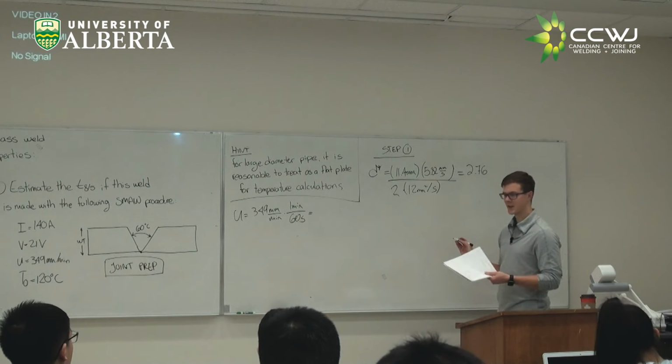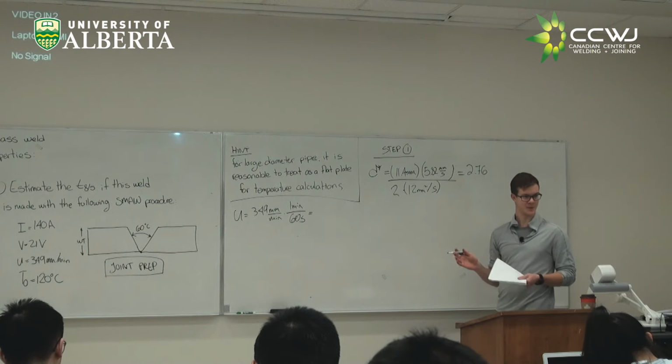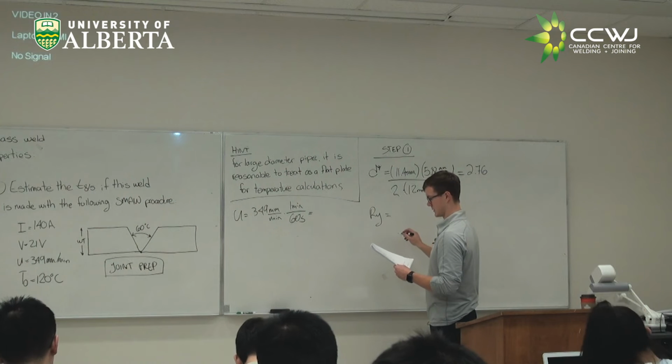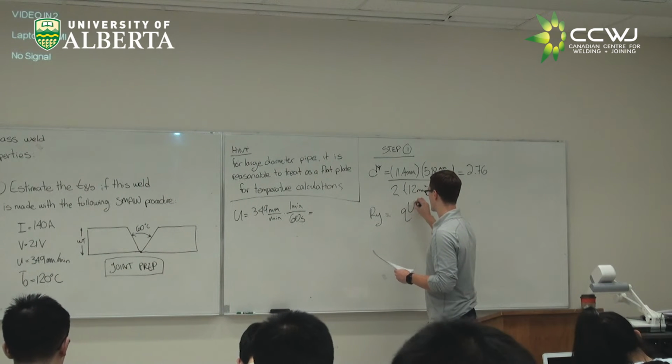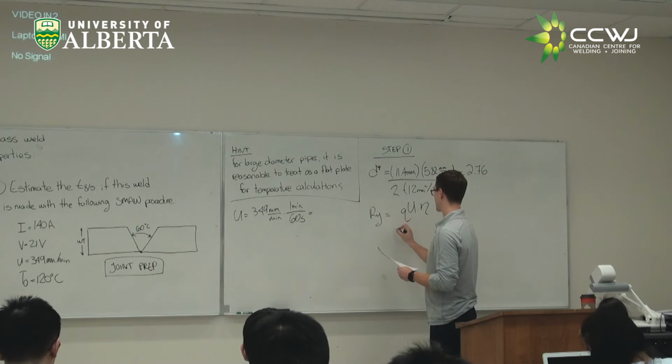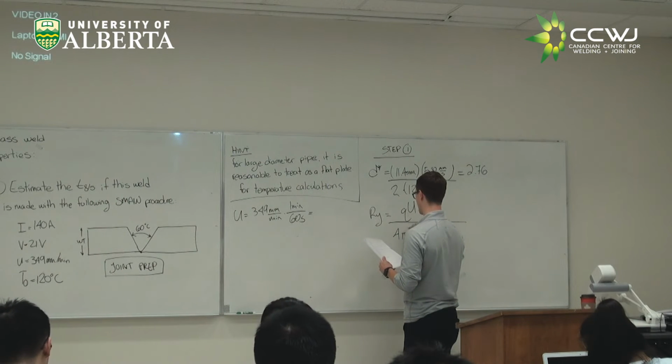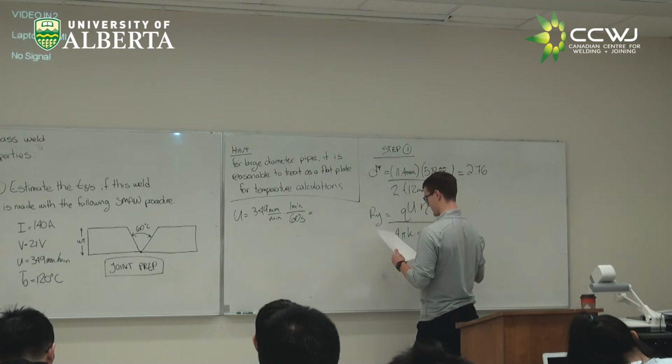Awesome. So next step, calculate the Rykalin number, right? So Ry, Q, eta, 4 pi, K, alpha.